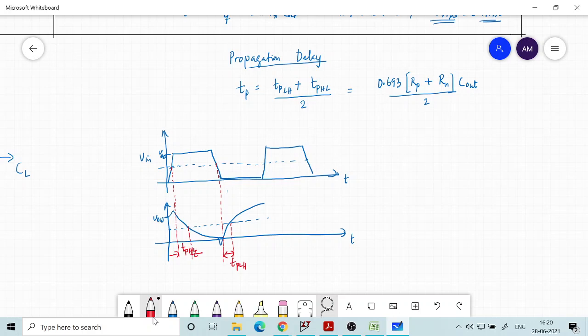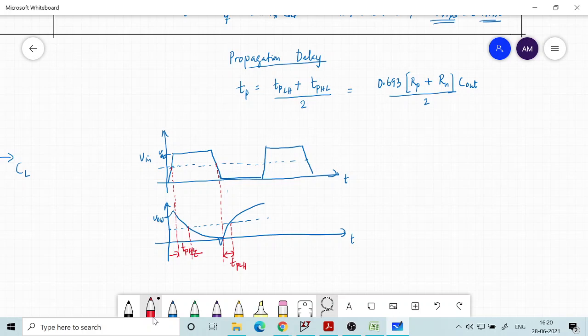So you measure these two, substitute, and calculate your propagation delay using this formula, multiplied by 2. Why are we multiplying? Because we are taking the average of the two as our propagation delay, so when you multiply by 2 you get T_PLH plus T_PHL.